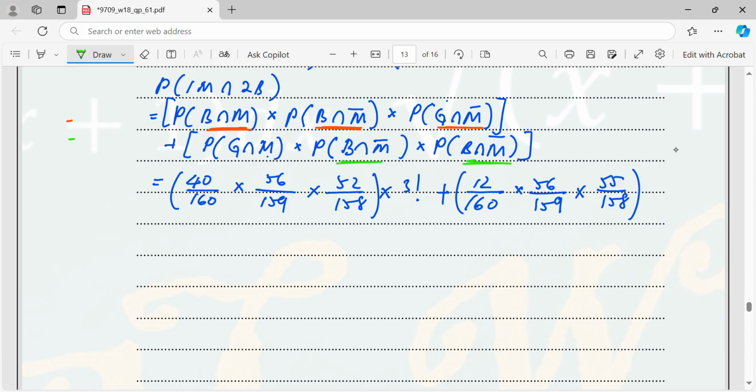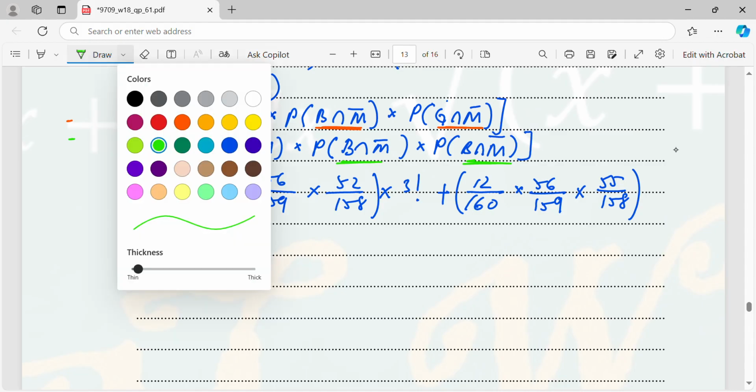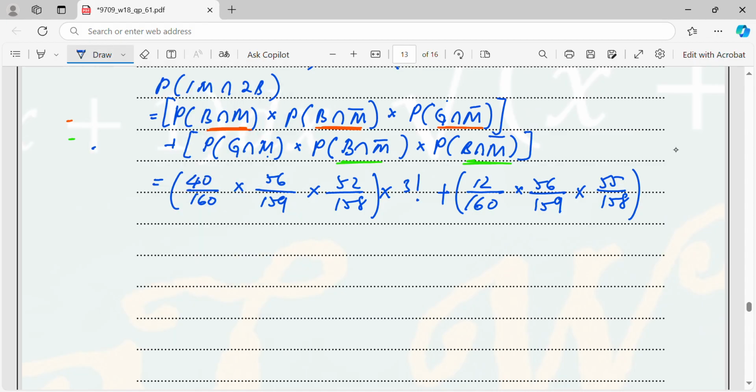Both boys without music, right? So when I consider the arrangements, it will be 3 factorial over 2 factorial, because the B and not M are repeating for 2 times.